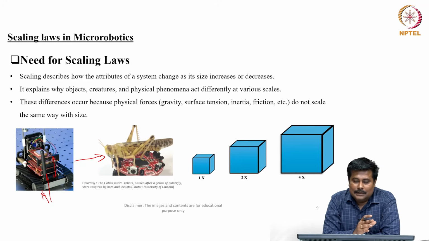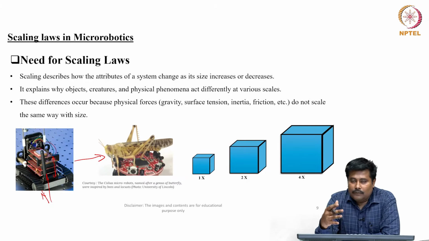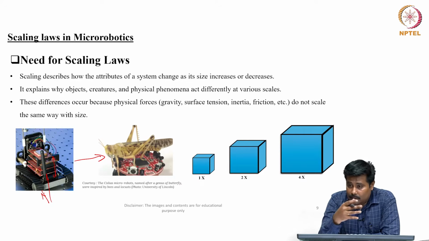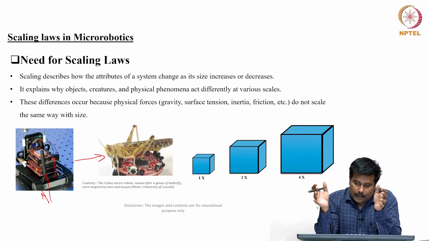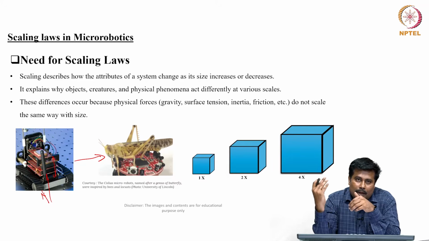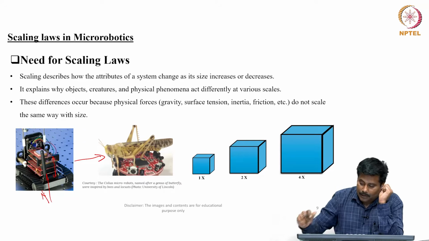Some of the challenges include the influence of surface tension, influence of inertia, influence of friction, influence of air flow, influence of viscosity, etc. Many aspects come into the picture, and one of the key challenges involved in fabricating such micro robots is that we may need to scale down from a macro level to a micro level appropriately, and we may need to consider these losses while designing this micro robotic system.